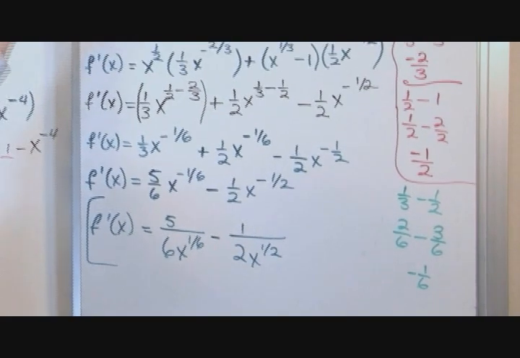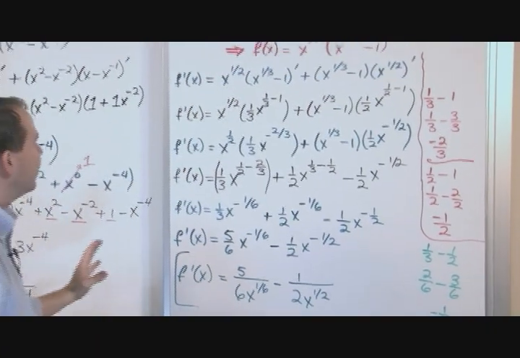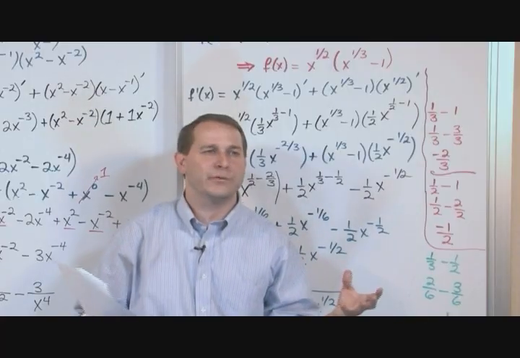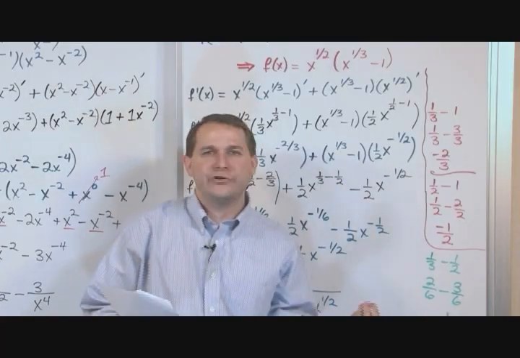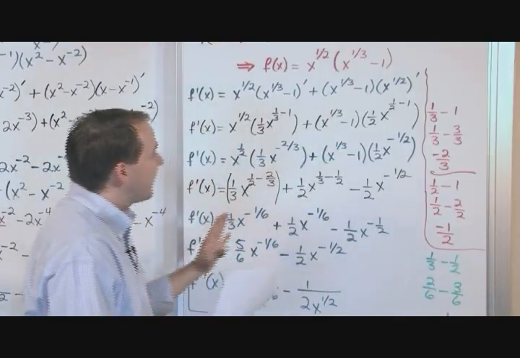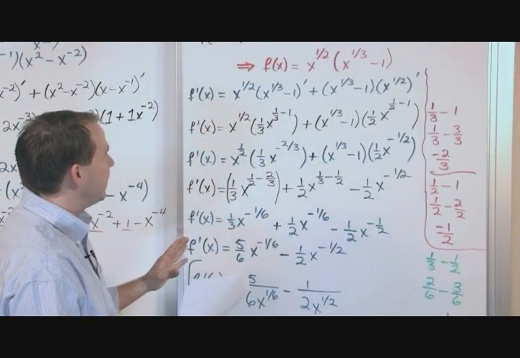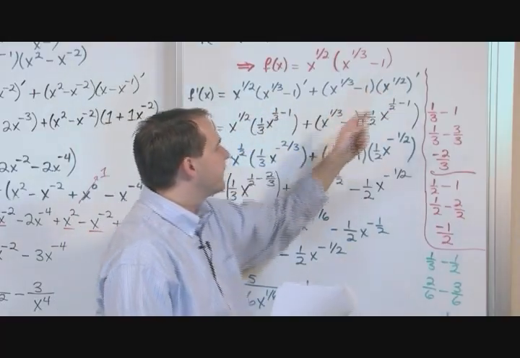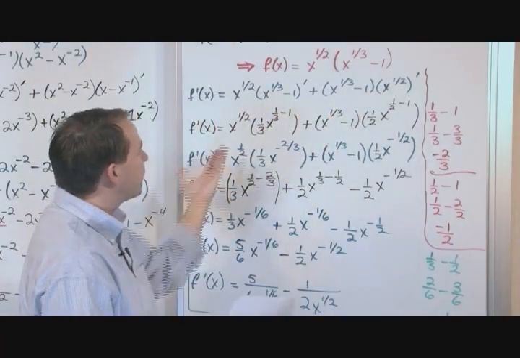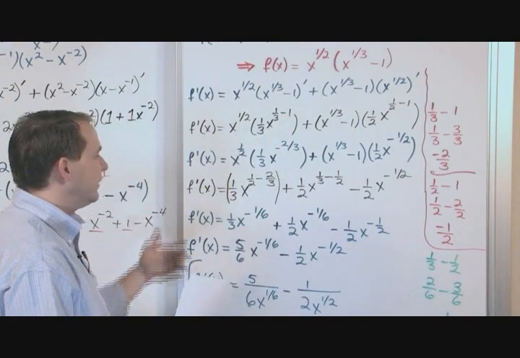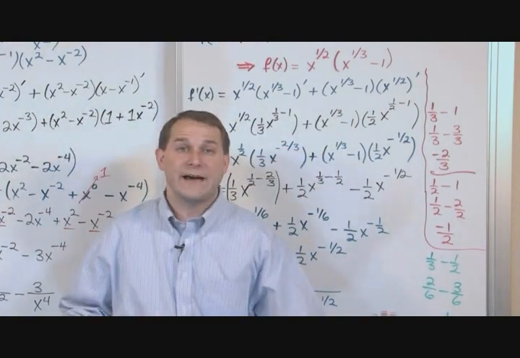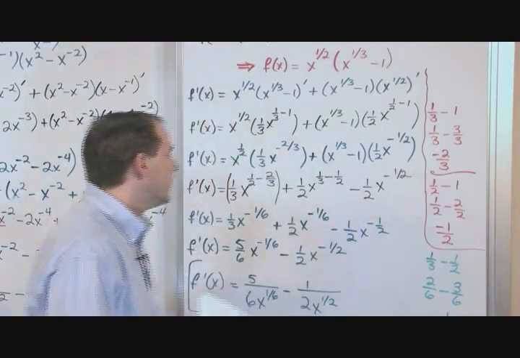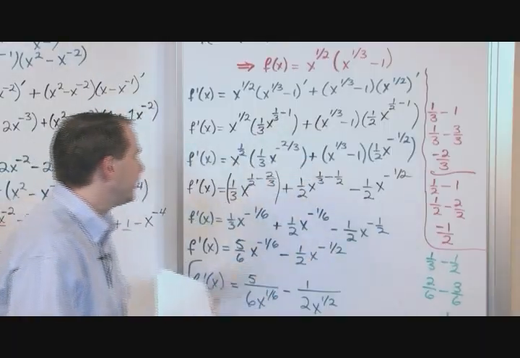A lot of work. Step back and look at what we've done. It's a lot of fractions everywhere. So anytime you have a square root, a cubed root, a fourth root, a fifth root, anything like that, convert it to a fraction. And then you just have to roll up your sleeves and really make sure you're not making any mistakes. First times the derivative of the second plus the second times the derivative of the first. After that point, you'll be doing a lot of fraction subtraction, which you'll need to go off to the side of the paper and figure out, or if you have a newer calculator, you can type the fractions in and it'll get the answer simplified very easily, and not do it all by hand, but I'm trying to show you everything.